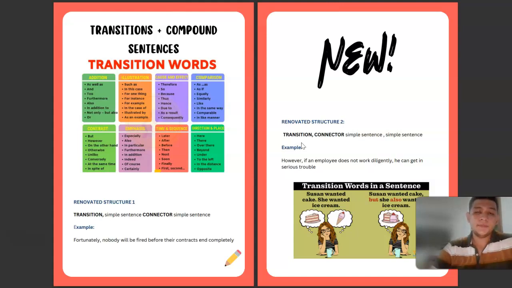And finally, I have a sample for you. Susan wanted cake. She wanted ice cream. And: Susan wanted cake, but she also wanted ice cream.